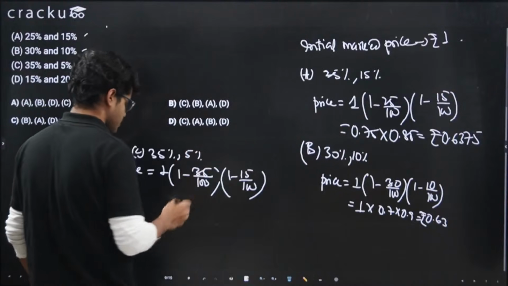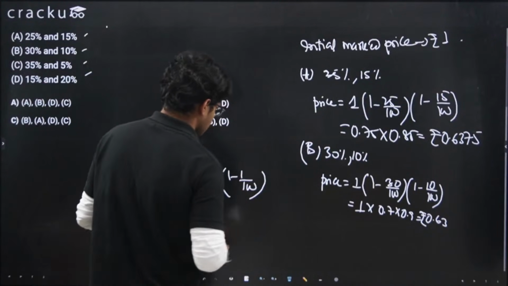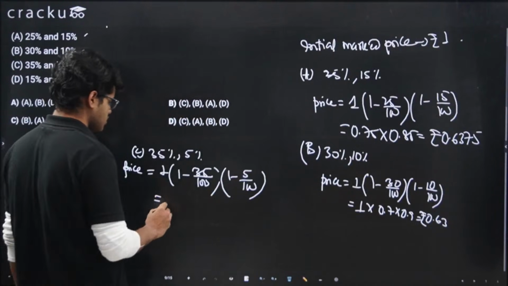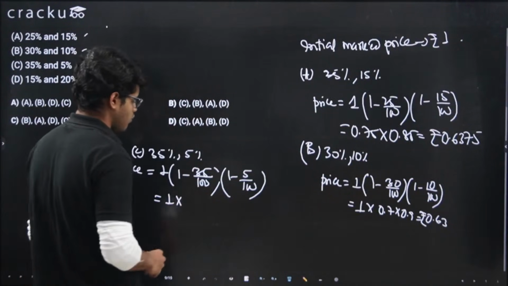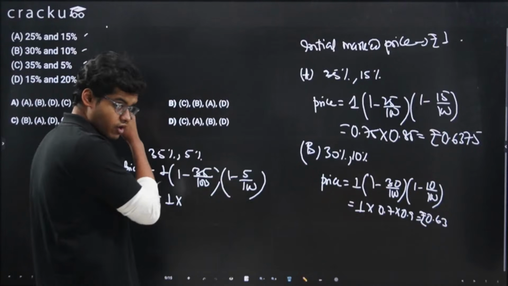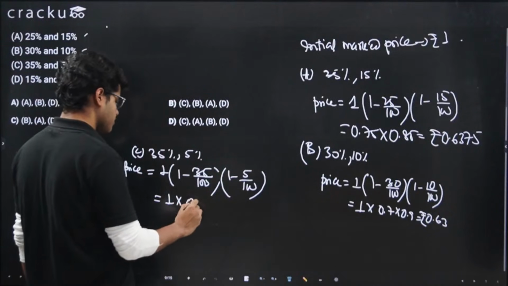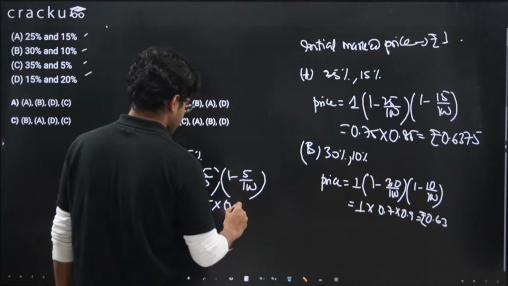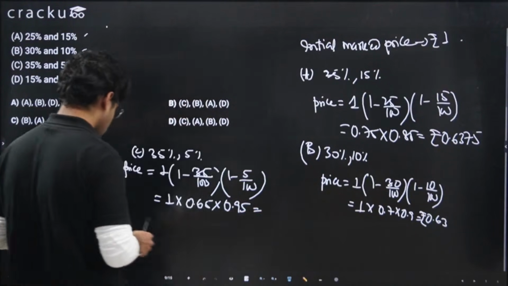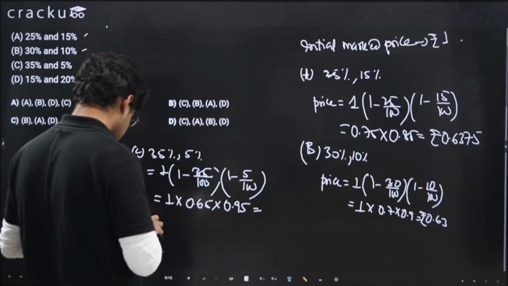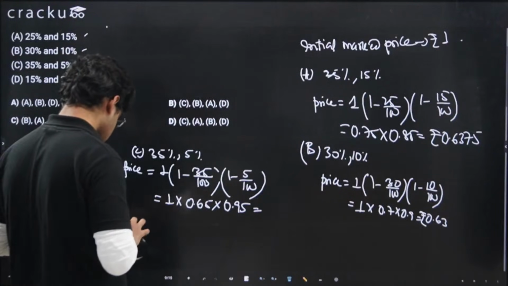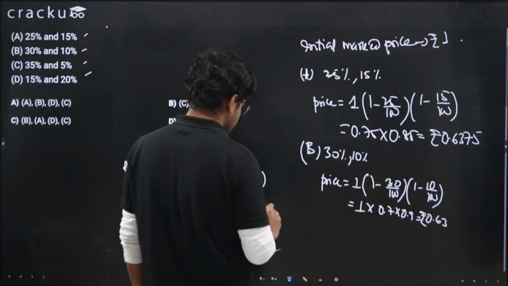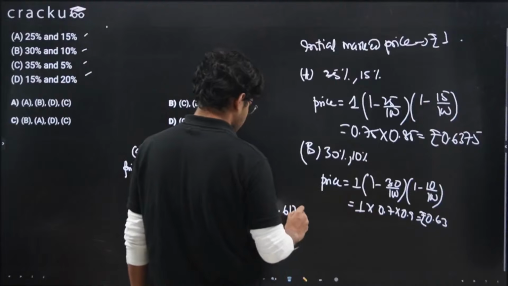So this is 1 into (1 minus 35 by 100), which is 1 minus 0.35, so it is 0.65. And 1 minus 5 by 100 is 0.95. So 0.95 into 0.65 is rupees 0.6175.